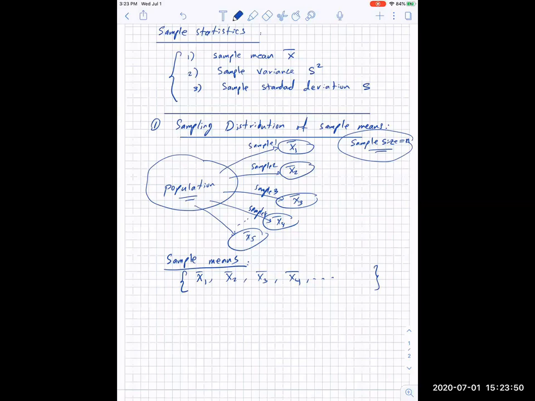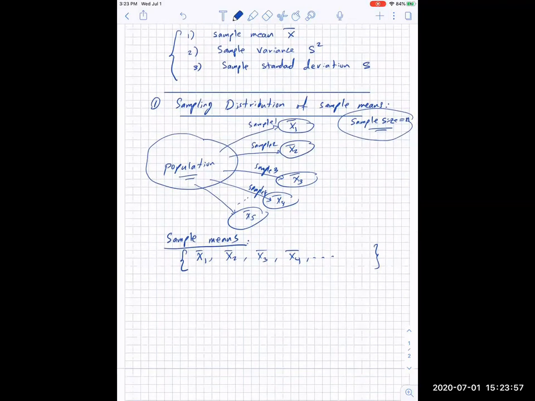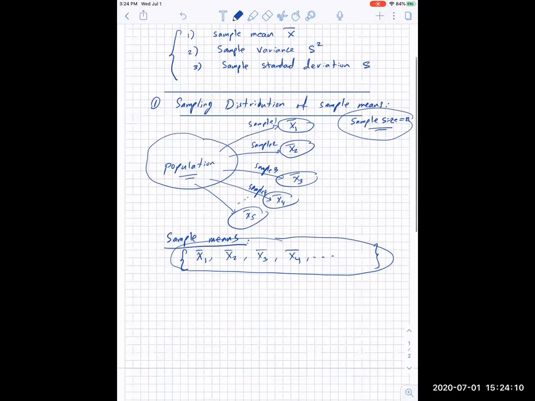We have a bunch of sample means, and we're going to be concerned with how, if I graph them or do a distribution for those sample means, the sampling distribution will look like.